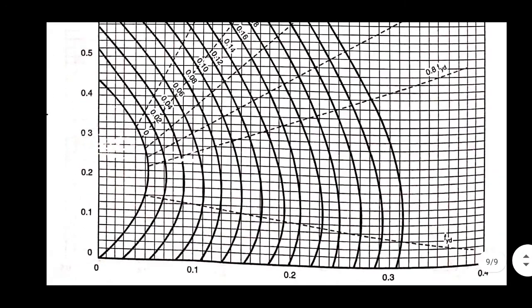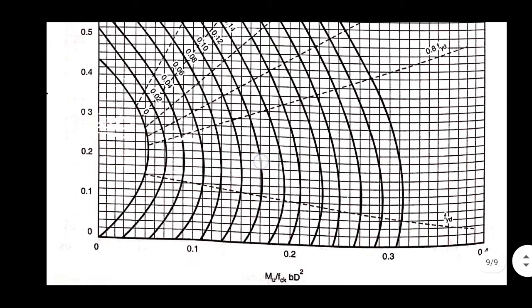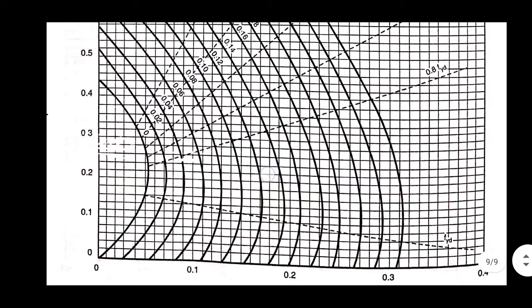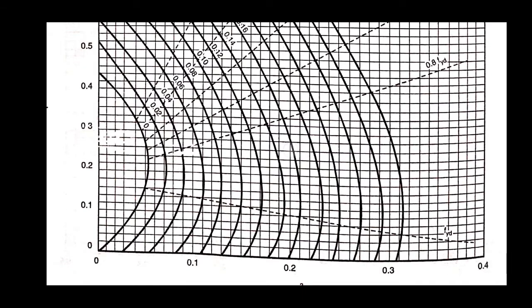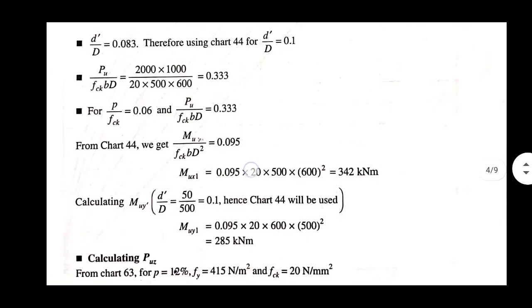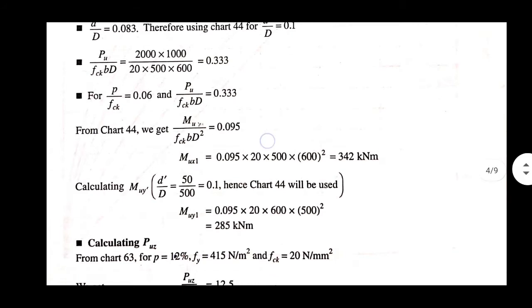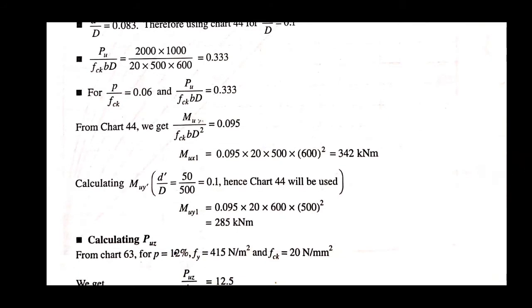Okay, from the graph we can get the exact value, but we can get the nearest value. So we can take mu by fck bd square as 0.095, something like that. Okay, so here you can see we take mu by fck bd square as 0.095. Okay.